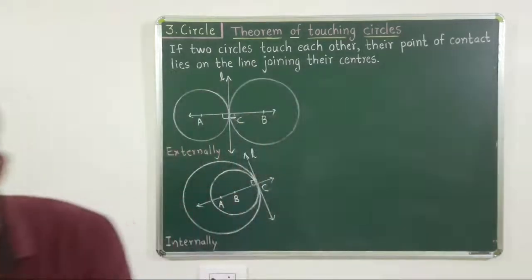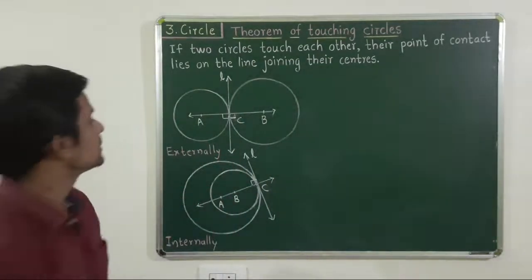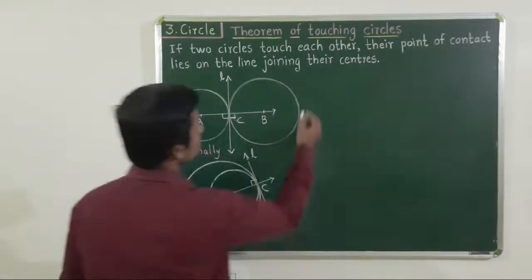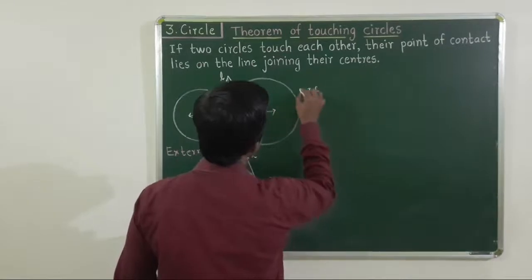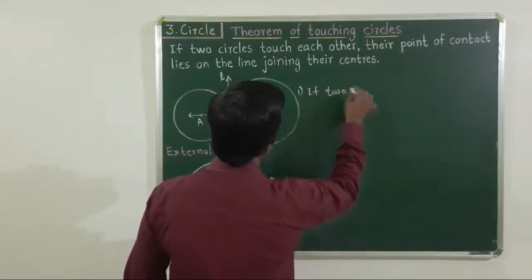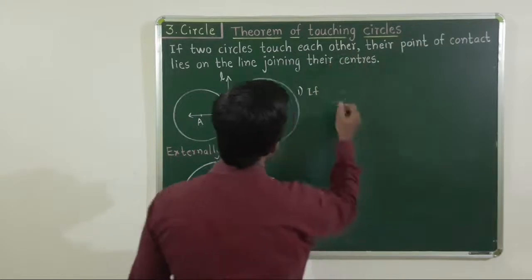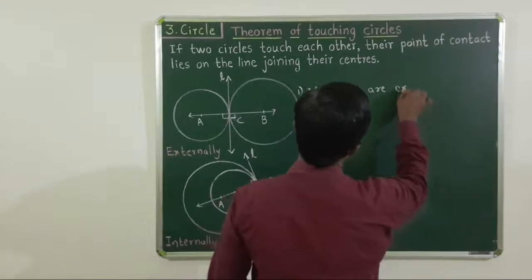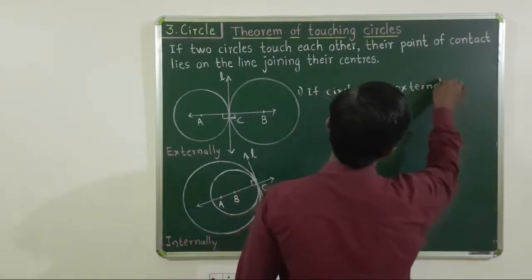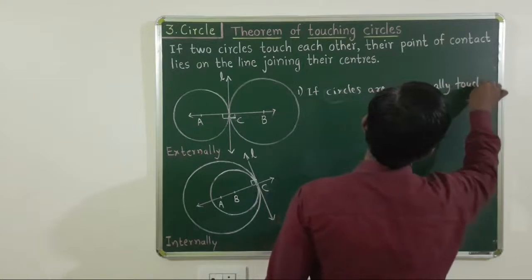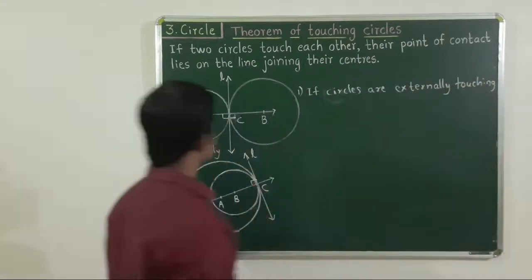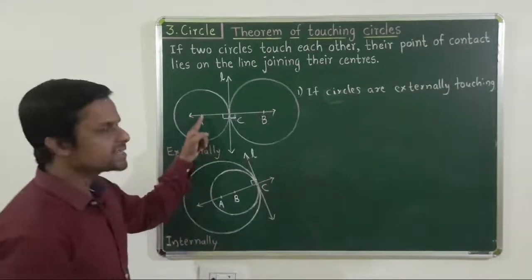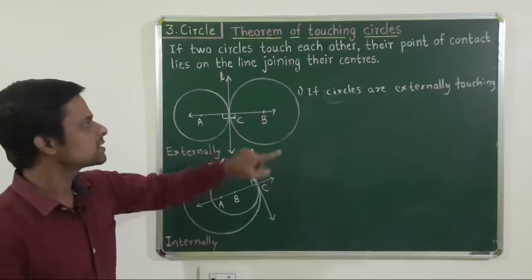Now for this case, if circles are externally touching, then the distance between their centers, now point A is the center of this circle, point B is the center of another circle.